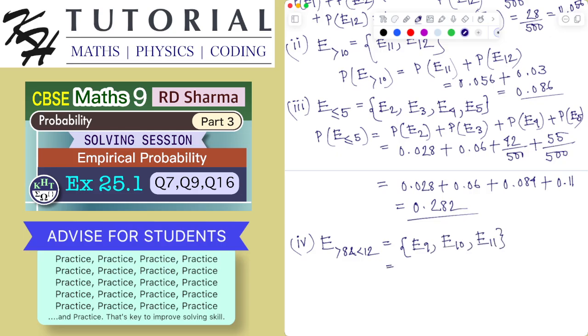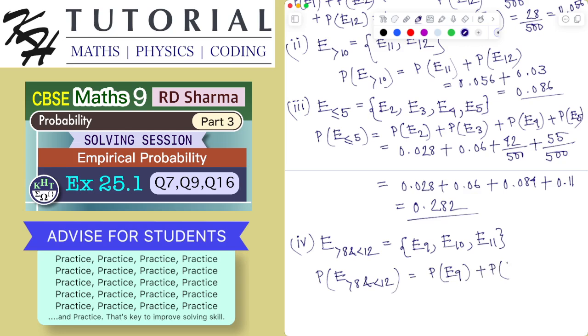So the probability of this event will be equal to the sum of the probabilities of its elementary events.